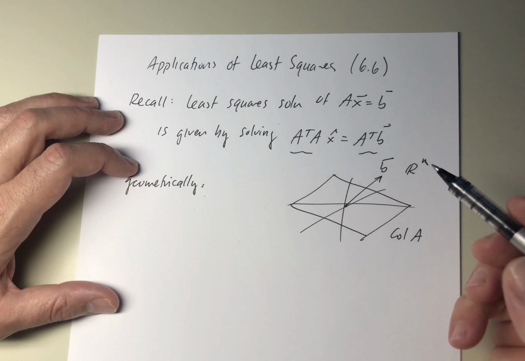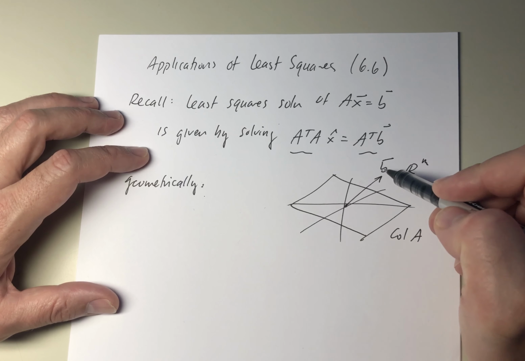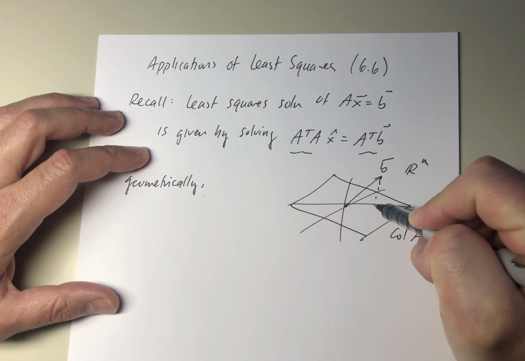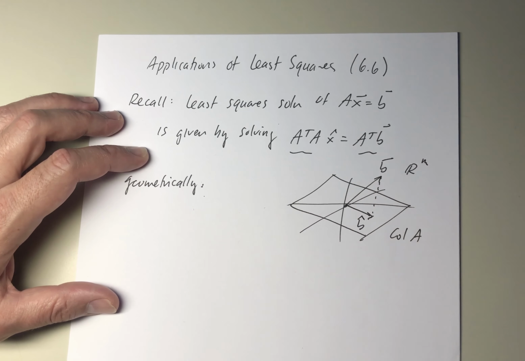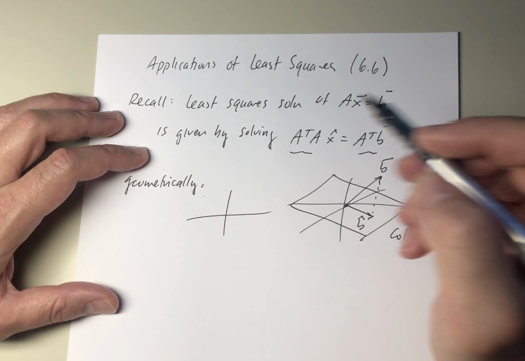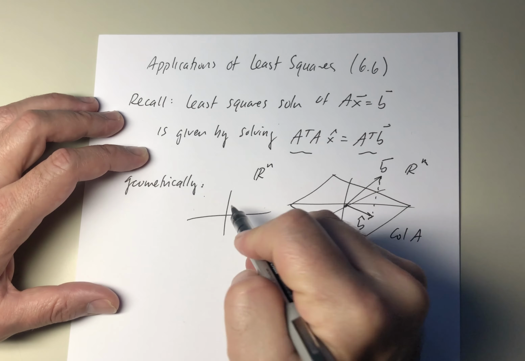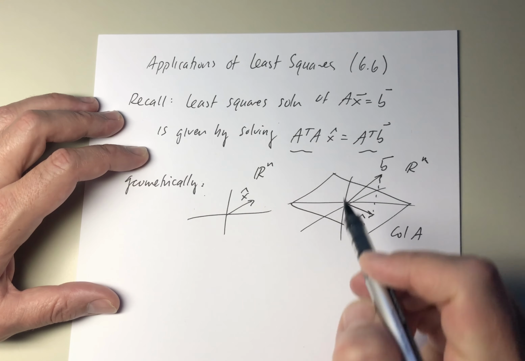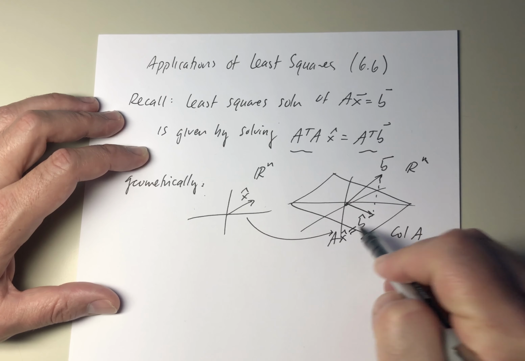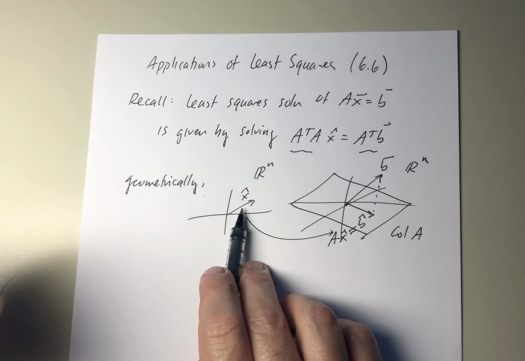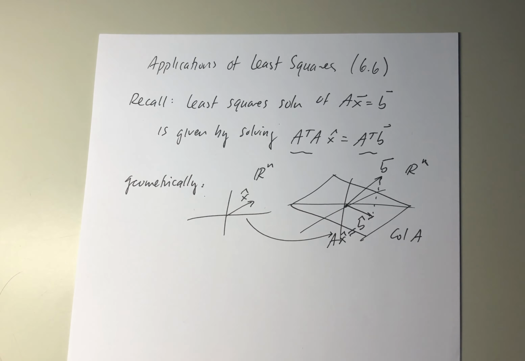If b is not in the column space of A, then Ax equals b is inconsistent. So you project b down to the column space, you get b hat. Now you are consistent, so there is some x hat that gets sent to b hat, and that x hat is your least square solution.